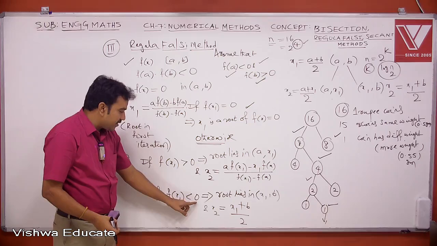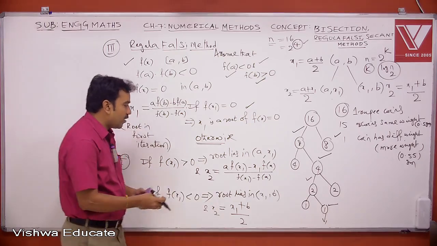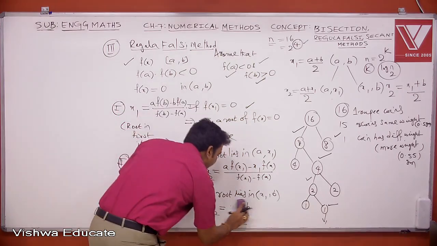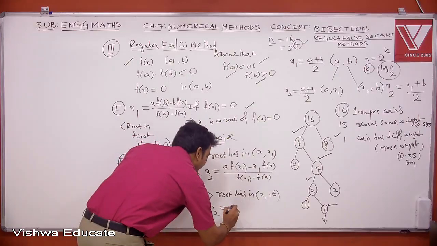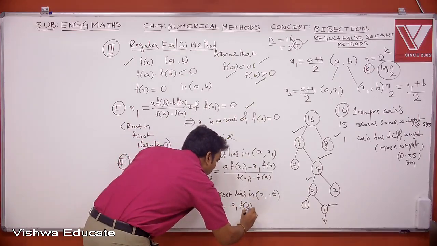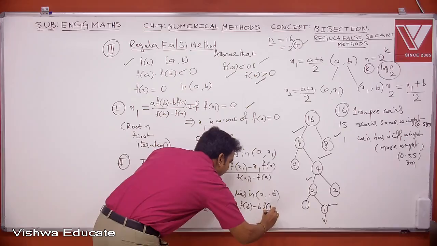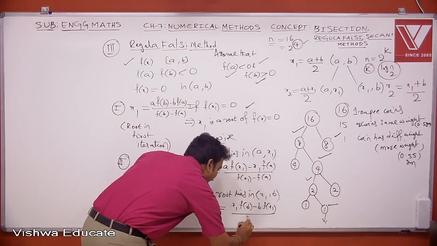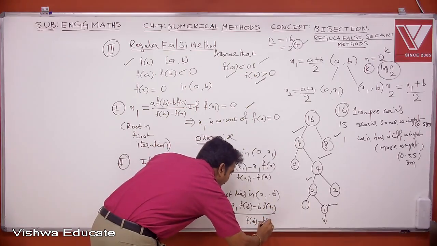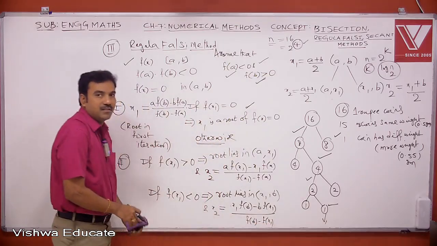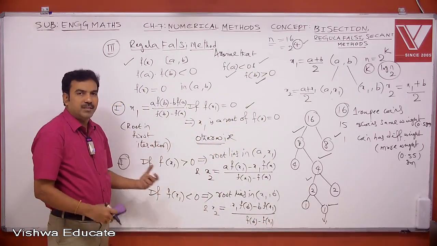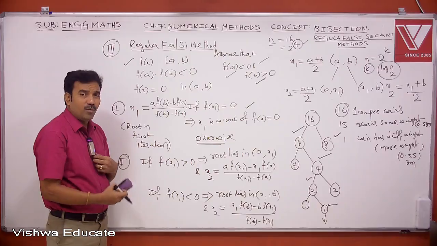Now if f of x1 is less than 0, the root lies in the open interval x1 comma b, and in this case the value of the root x2 is x1 into f of b minus b into f of x1 divided by f of b minus f of x1. Like this the process is repeated until a root value is obtained.